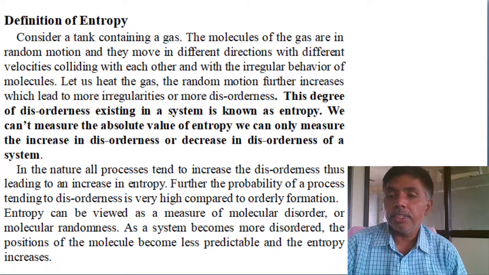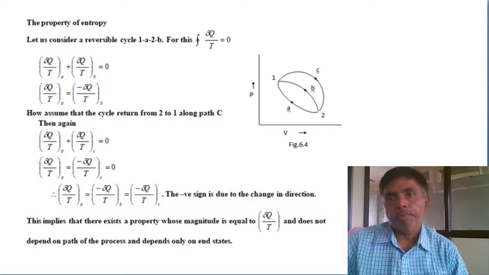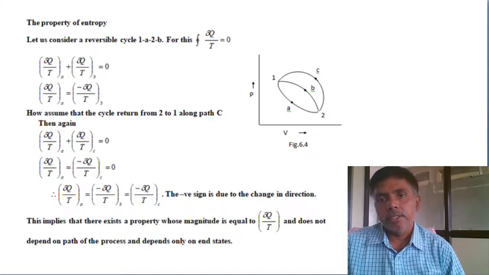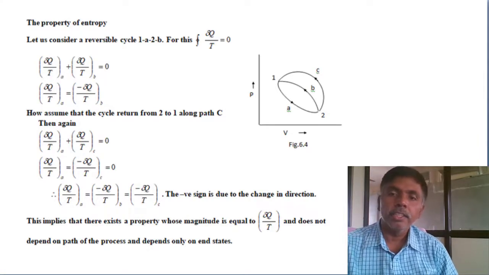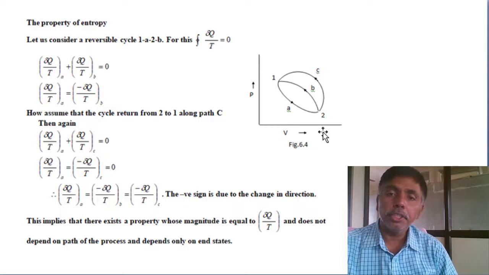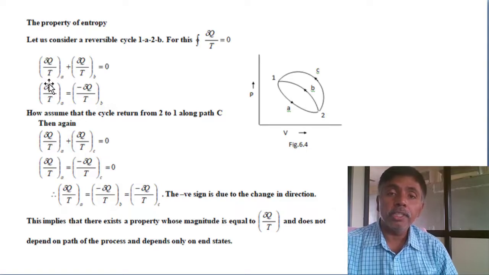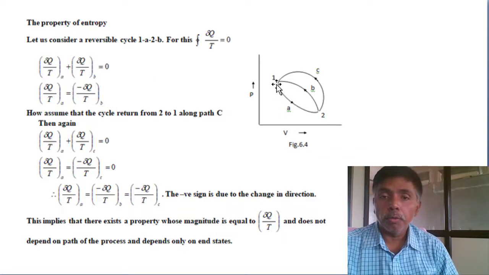Next, is entropy a property or not? Suppose we consider state 1 to state 2, I move by path A and return by path B. And one more time I return by path C. Then for path A, dou q by T in the cycle 1A2B, dou q by T at A plus dou q by T at B is 0.